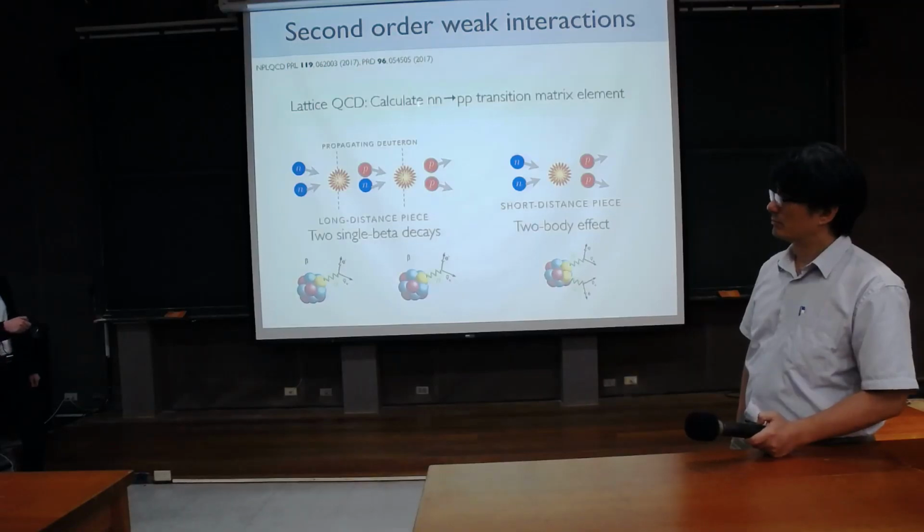So what we're really looking at is a well-defined matrix element. The dineutron is not bound in nature, right? But in our calculations, we can make it bound. And this matrix element is the well-defined sub-process of the double beta decay of a larger nucleus. So it's not really two free neutrons. It's that sub-process of the beta decay of a larger bound nucleus.